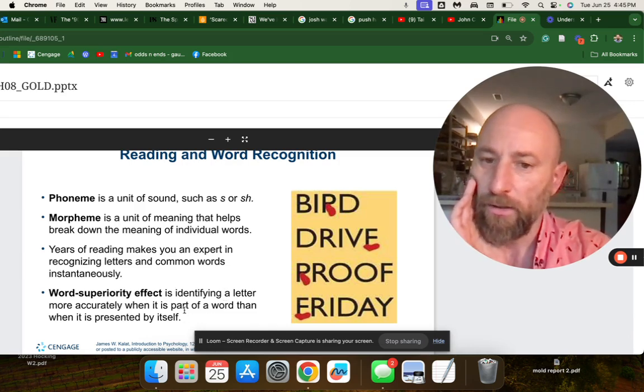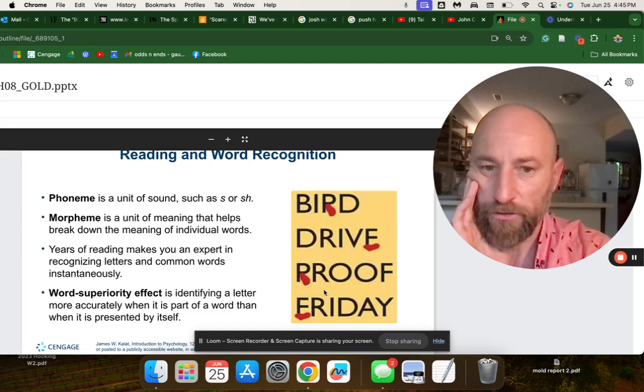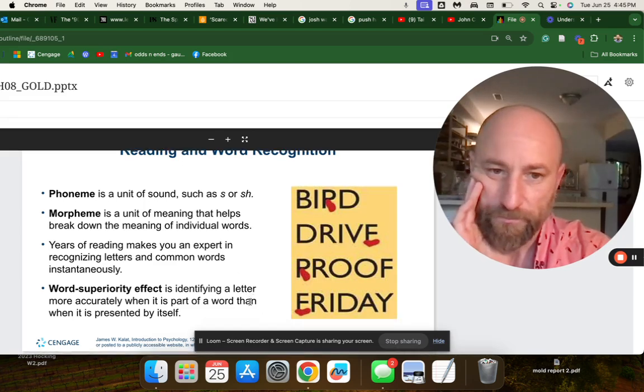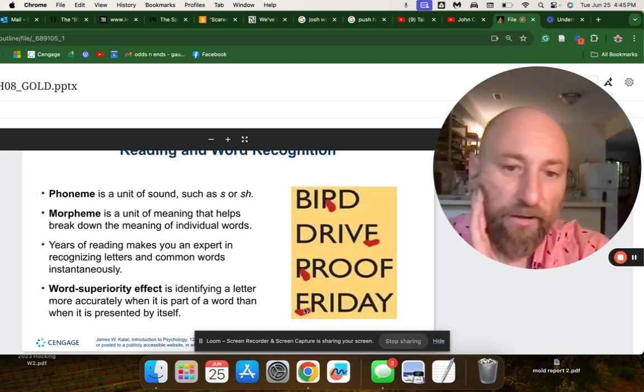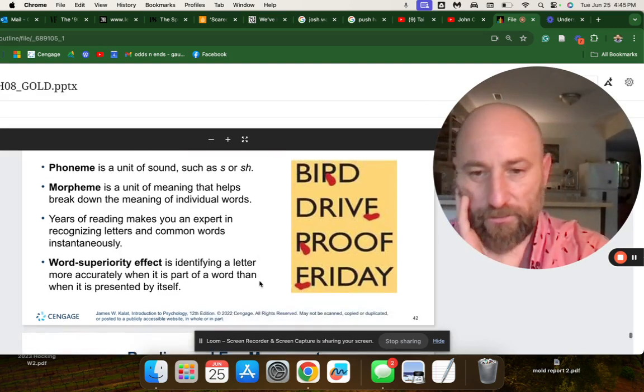So we're better able to identify the parts when they're part of a whole. Even though this part is covered up in both places, we know that this is an R and this is a P. And we know this is an F, not an E, because of the context, etc.